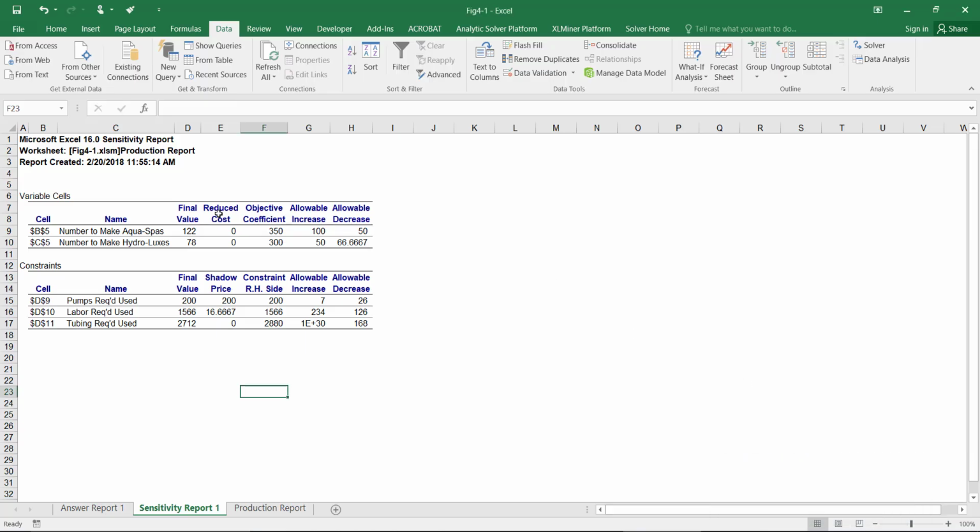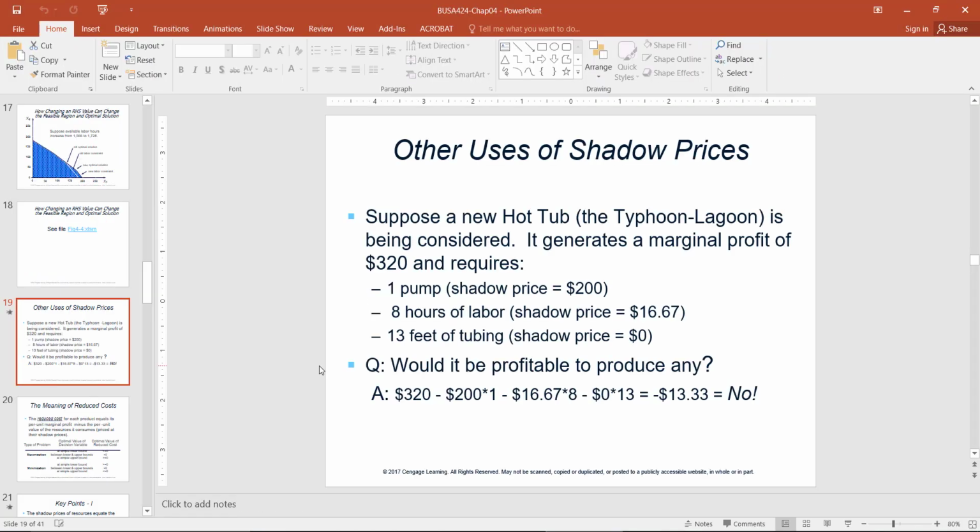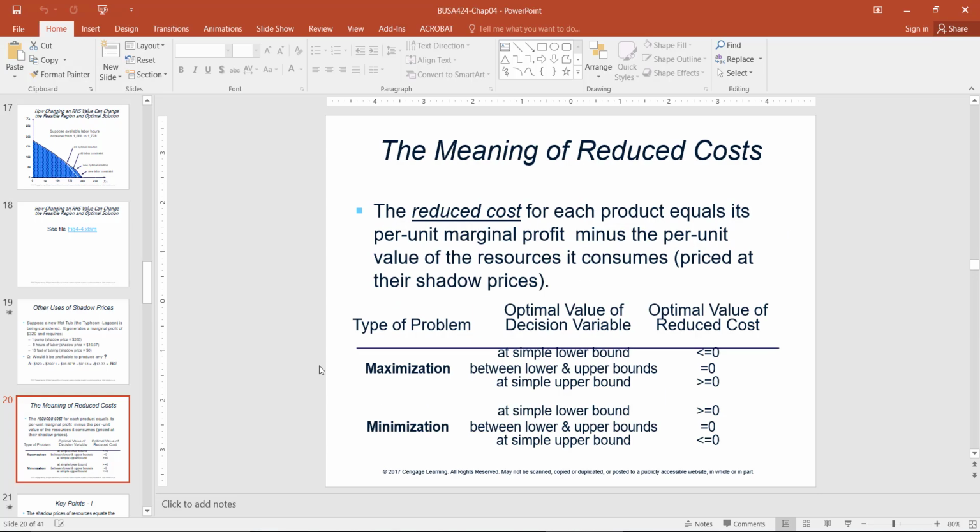So we talked about every column in this sensitivity report, but we haven't talked yet about the reduced cost. Basically, reduced cost is the difference between the marginal profit, the profit that 1 unit of each product makes, minus the resource that this product consumes.